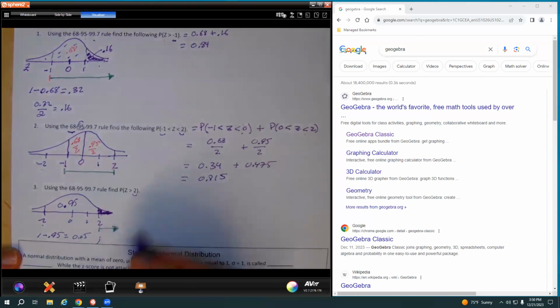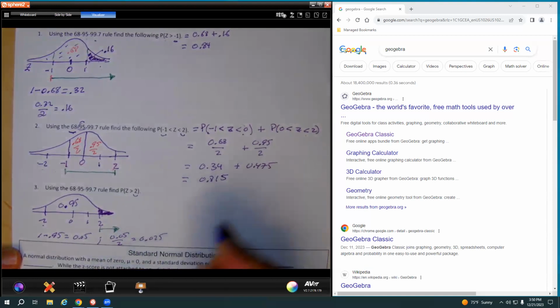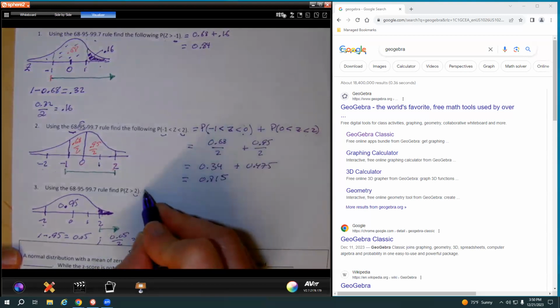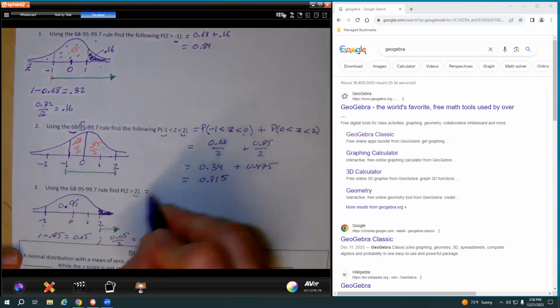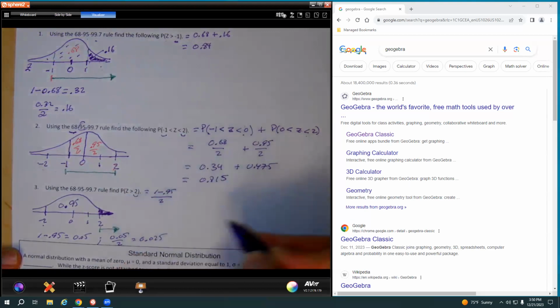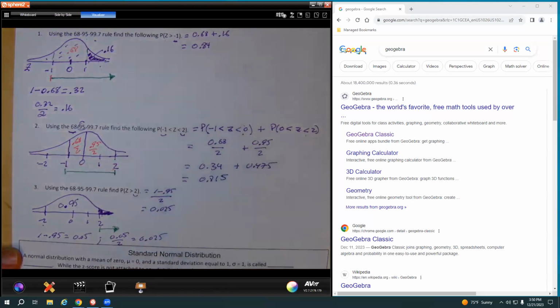Then take that result and divide it by 2. I get 0.025. So putting both ideas together, z being greater than 2 is 1 minus 0.95, and then take the result and divide it by 2. And that gives me 0.025.